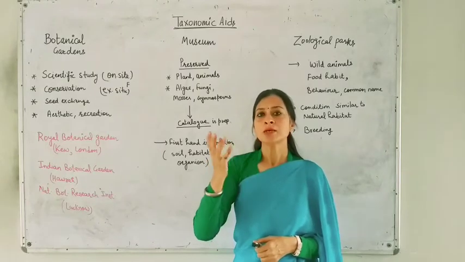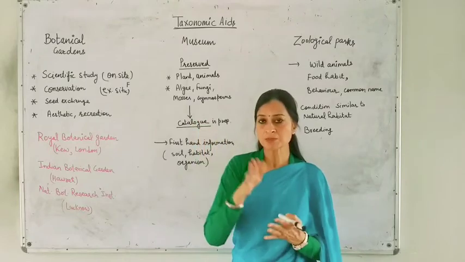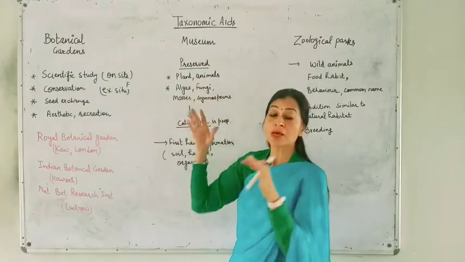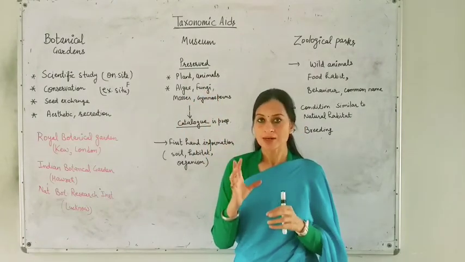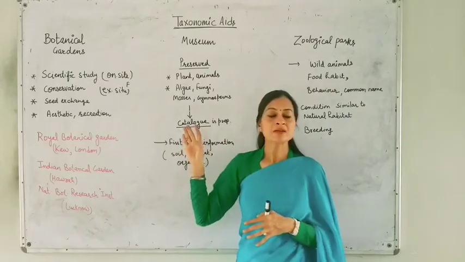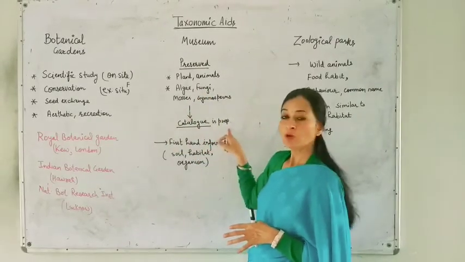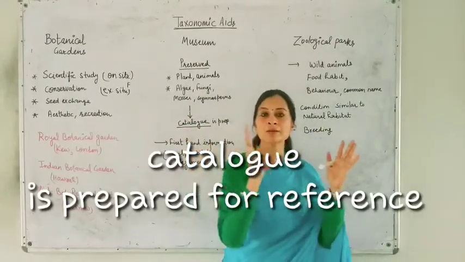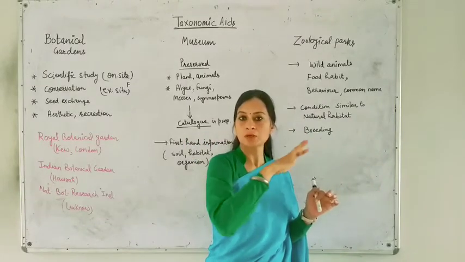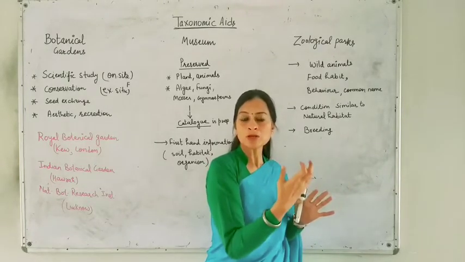In a herbarium, you dry or preserve the plant specimens and paste them on sheets, but the specimens in a museum are kept in glass jars containing chemicals to prevent their decomposition. A separate catalog is also prepared for reference, and the specimens are arranged in a taxonomical way, following a particular classification system.